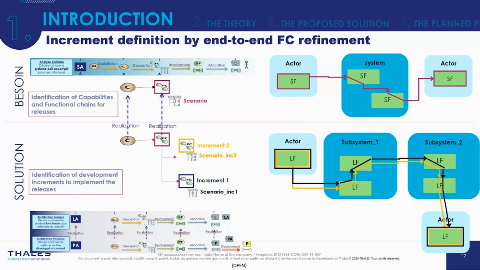The next way, the second approach that can be used for defining increments, if we start from the same perspective, system analysis at need level, is to decide that the first increment will be the full end-to-end functional chain that will cross the full system over subsystem 1 and 2.